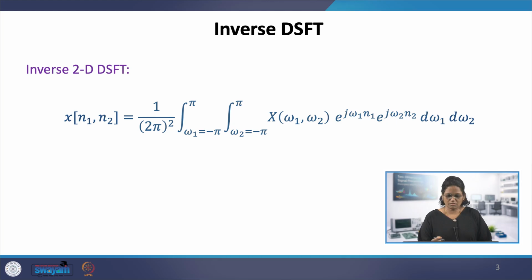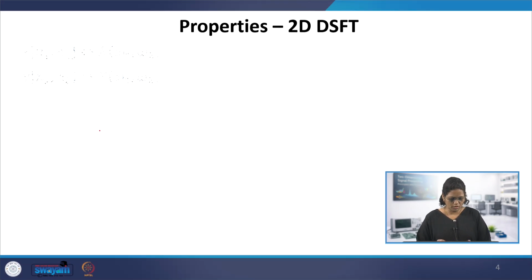The inverse DSFT, to get back the sequence, is 1 by 2 pi square, with omega 1 varying from minus pi to plus pi. From the spectrum, e power j omega 1 n1 is integrated, because it's a continuous spectrum, over the limits minus pi to plus pi in both directions, to get the signal back. This is the inverse 2D DSFT.